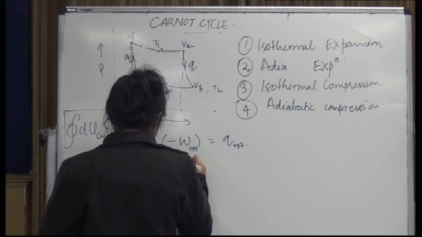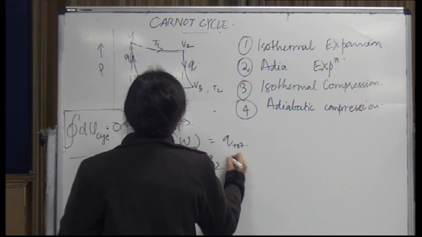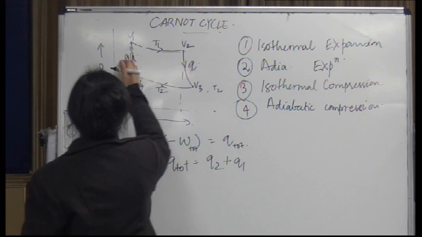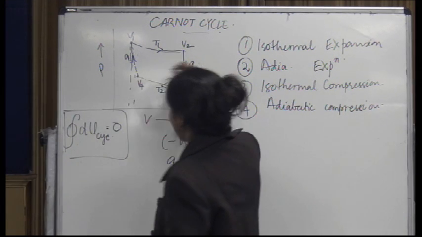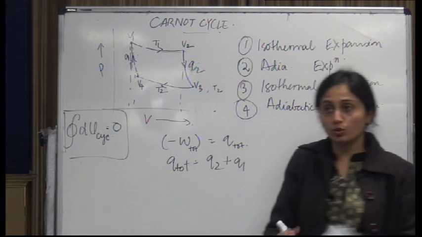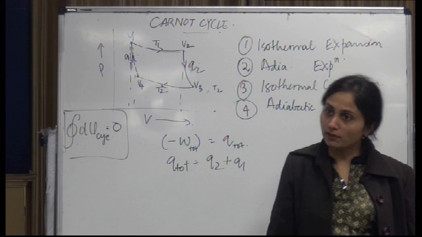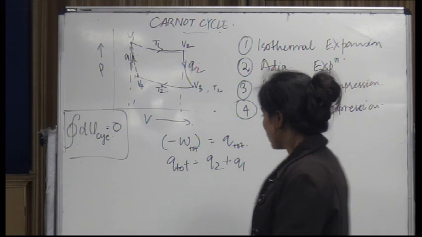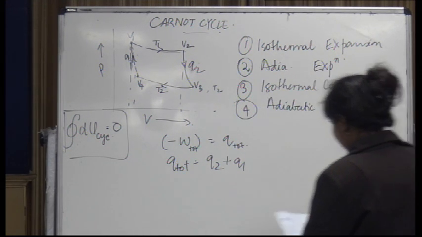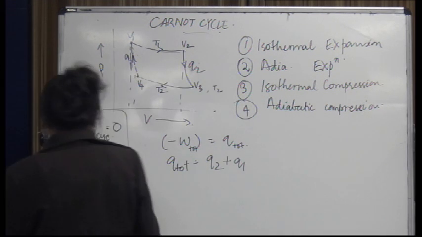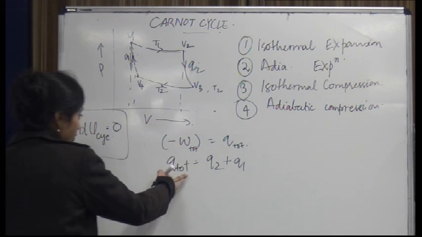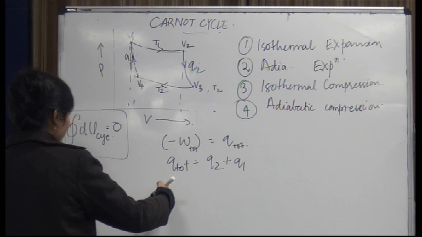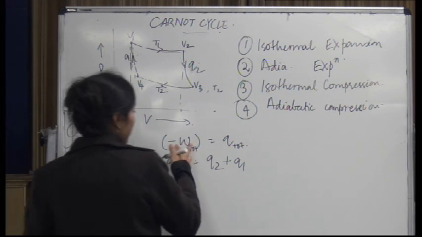My Q total is equal to Q2 plus Q1, because जो change heat involved है, मान लो Q2 इधर था, Q1 इधर, तो total heat will be your Q2 plus Q1, and this total heat will therefore be equal in magnitude to this only.